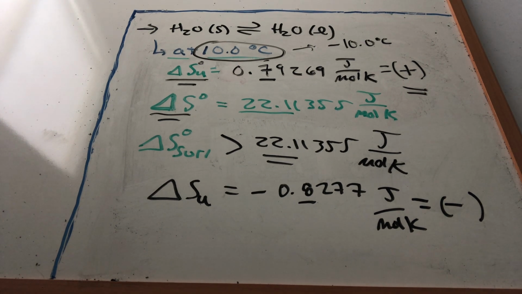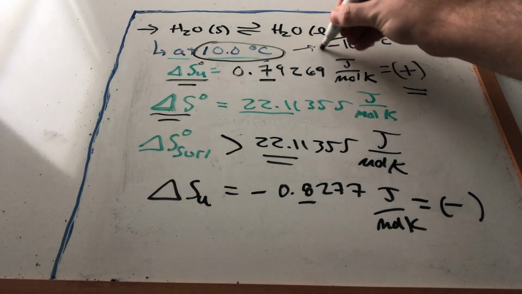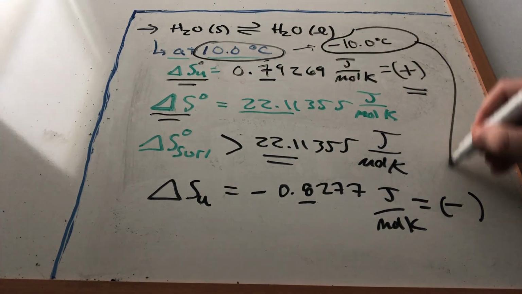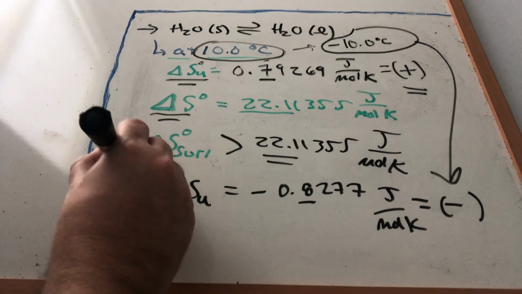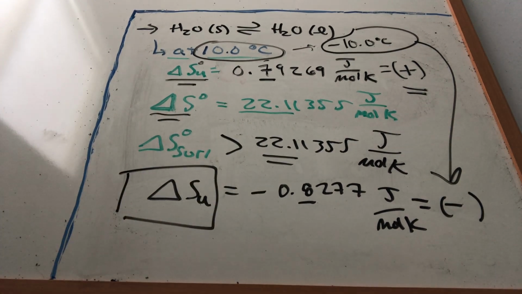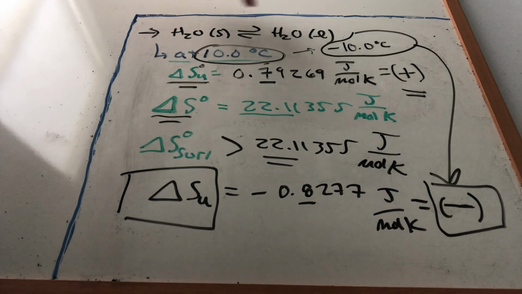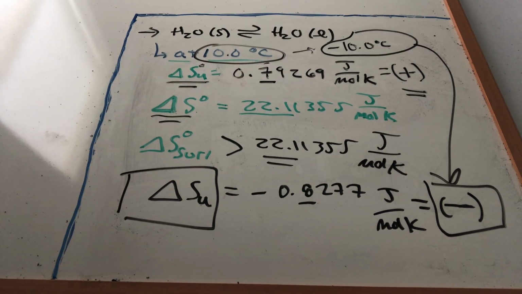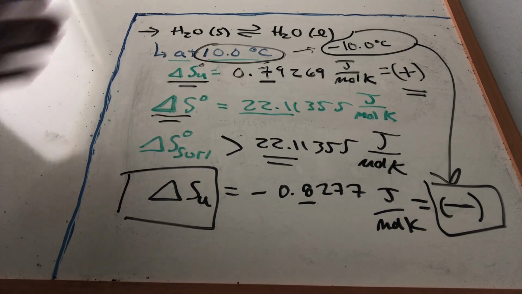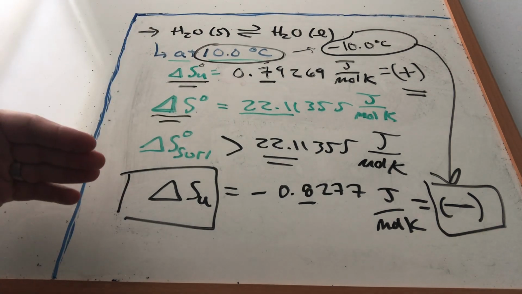So at negative 10 degrees Celsius, what I get is a negative delta SU. How do I interpret that result? Well, for all spontaneous results, delta SU must be positive. So at negative 10 degrees Celsius, will solid turn into liquid? Well, no. At negative 10 degrees Celsius, we're below the melting point.